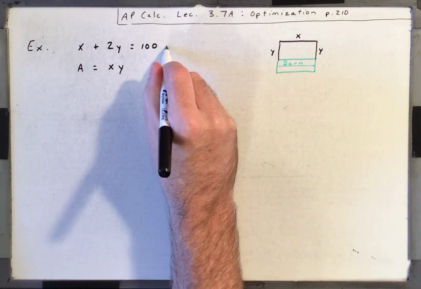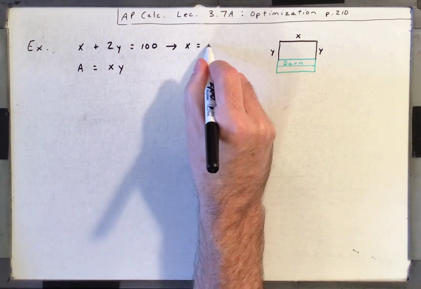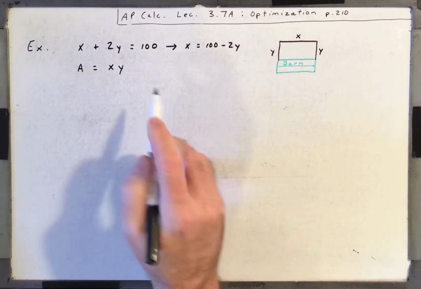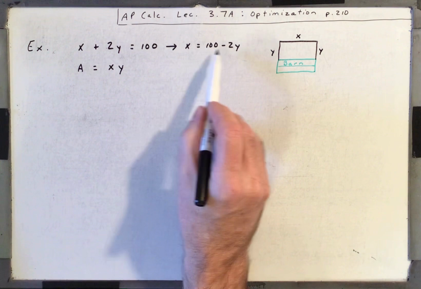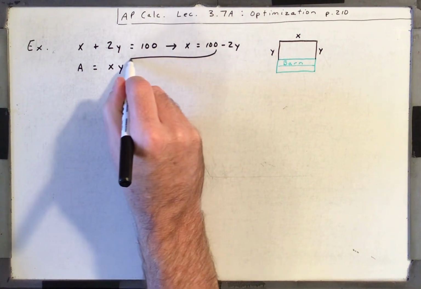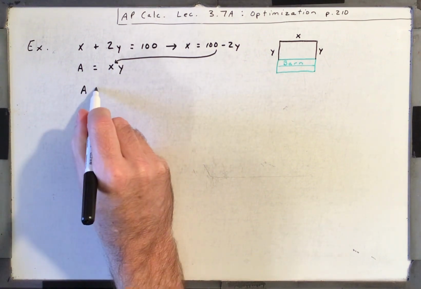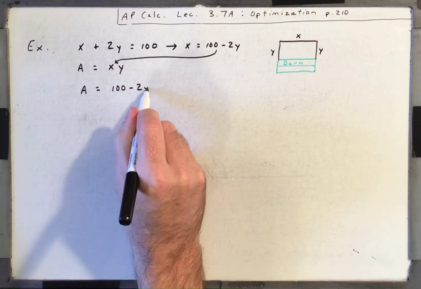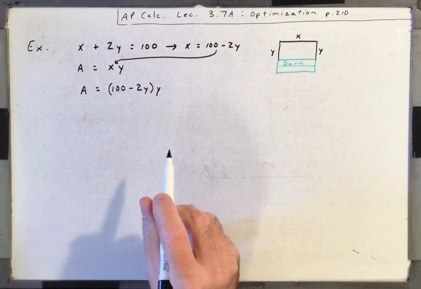So we can rewrite this equation as x is equal to 100 minus 2y. So see, I just put the 2y over to the other side, made it negative, and now I can substitute that in for x right here. So we have area is equal to 100 minus 2y times y.